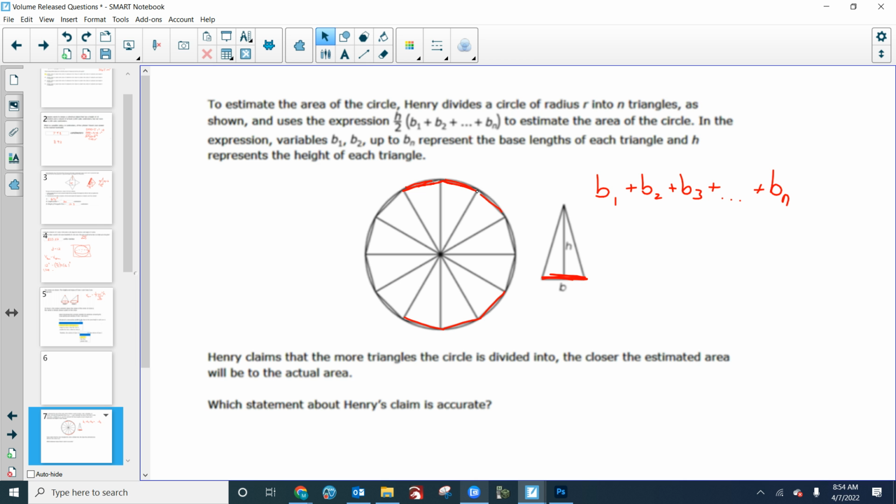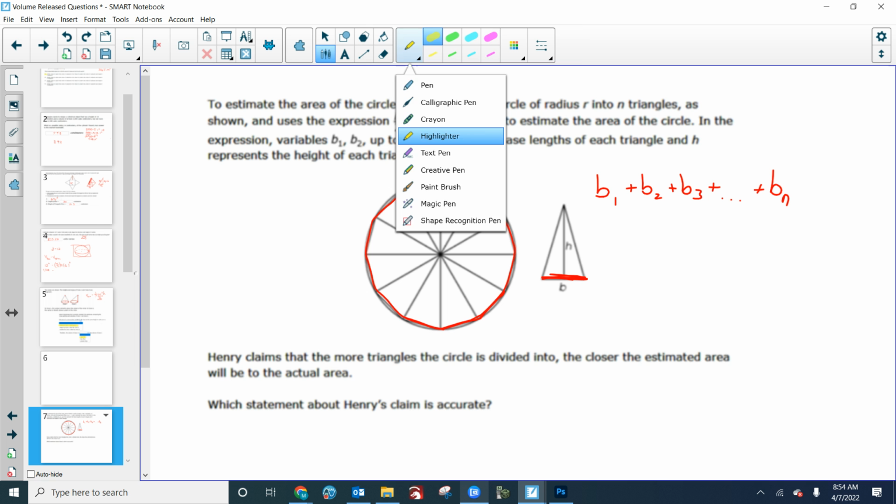The perimeter of the polygon approaches the... What did it look like I just did?